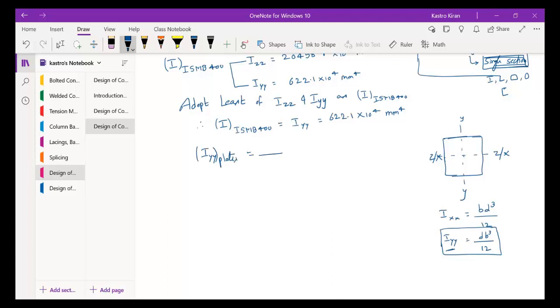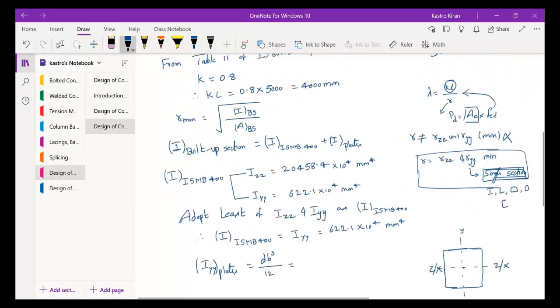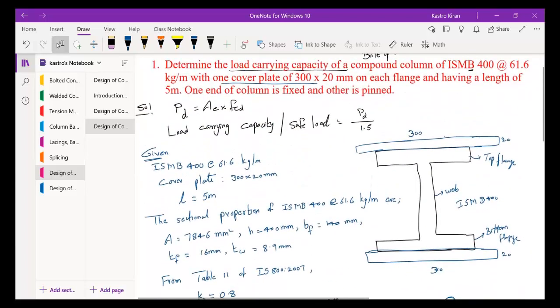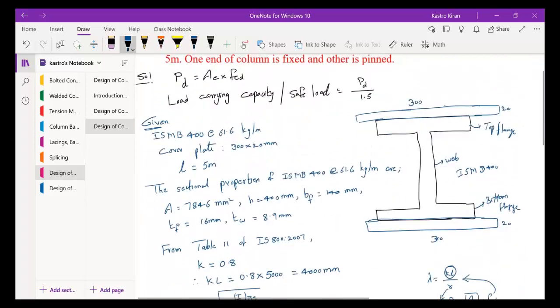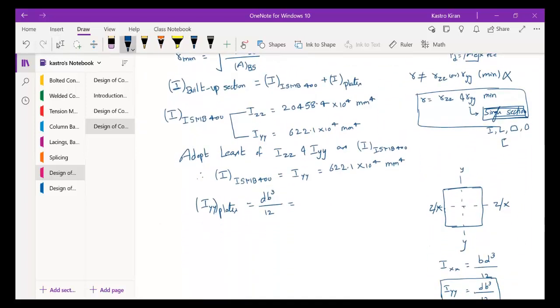equals, we know the formula, DB cube divided by 12. What is D? It is the depth. So what is the dimension of the plate? 300 is the width and 20 mm is the depth. So let's write these values here: B equals 300 mm and D equals 20 mm.